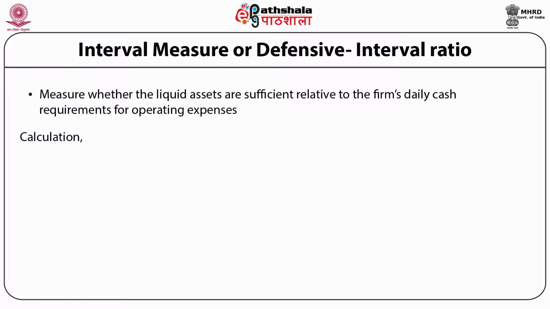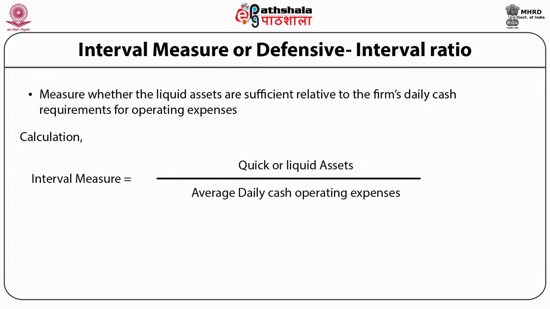For calculating this ratio, we use the following formula: interval measure equals quick or liquid assets divided by average daily cash operating expenses. Quick assets include cash, short-term securities, plus any types of receivables.